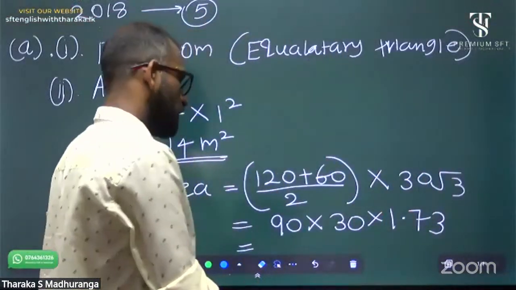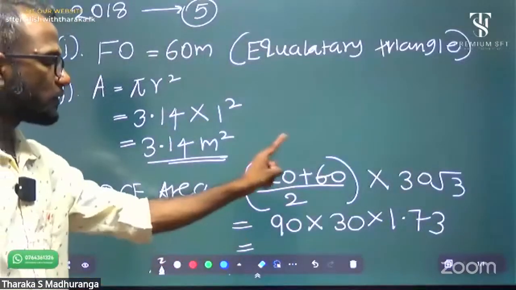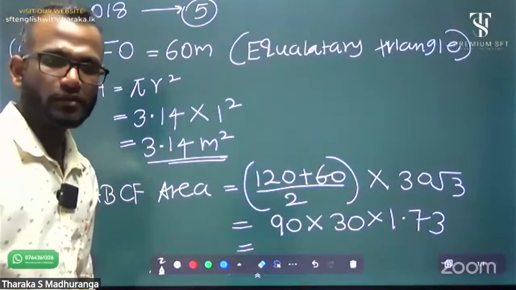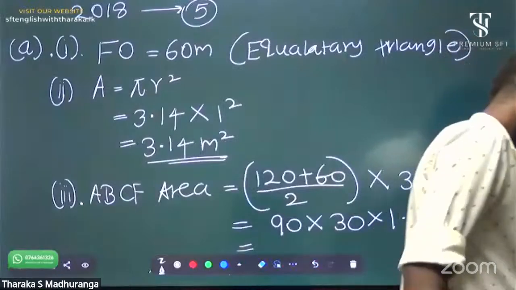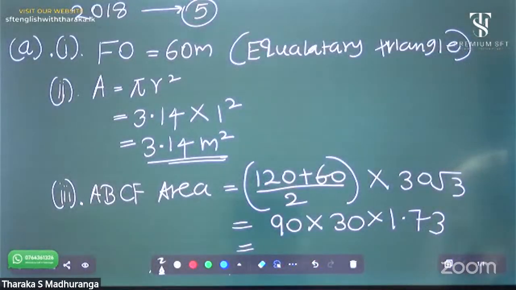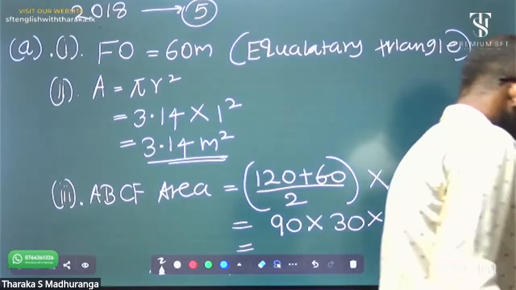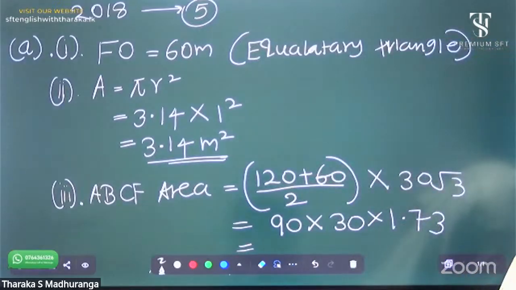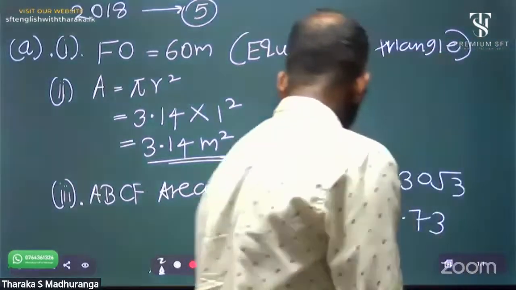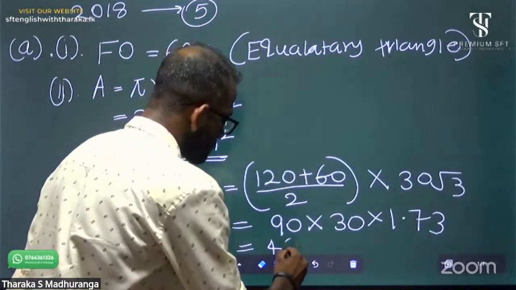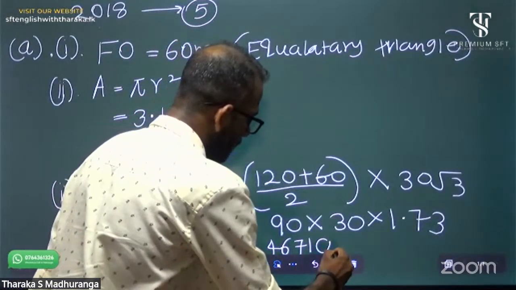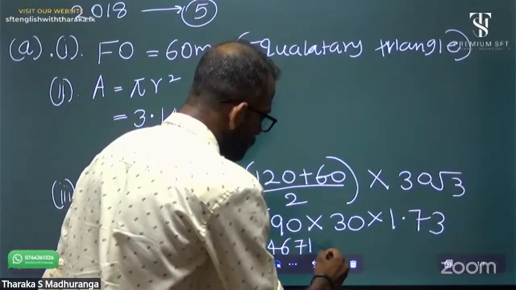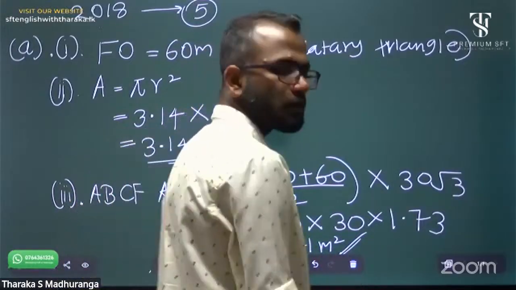Then what is the area? 90 into 3 into 1.73, which is 467.1 square meters. Right?